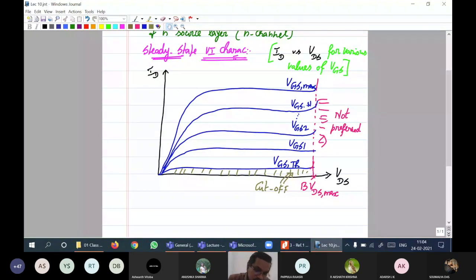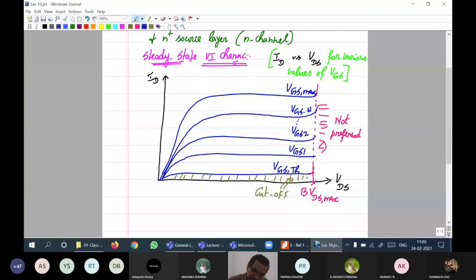And there is one more region that you need to understand. That is cutoff I have marked. And then the important region which demarcates the turn on and turn off is this point. We called that region as saturation in case of power BJT, whereas here it is ohmic region.